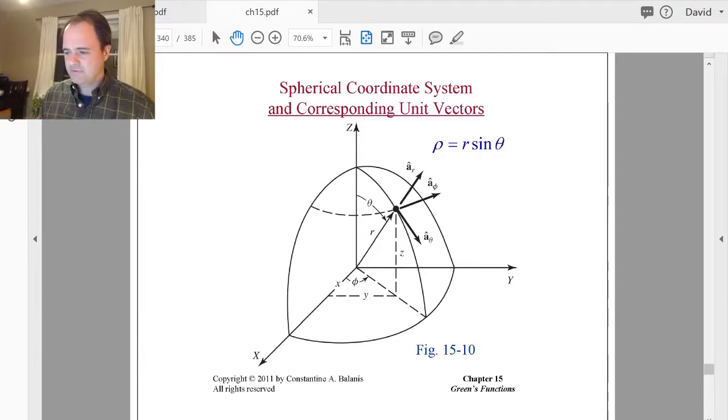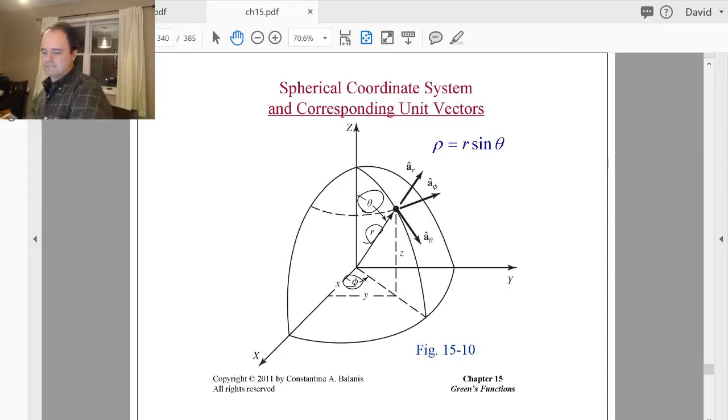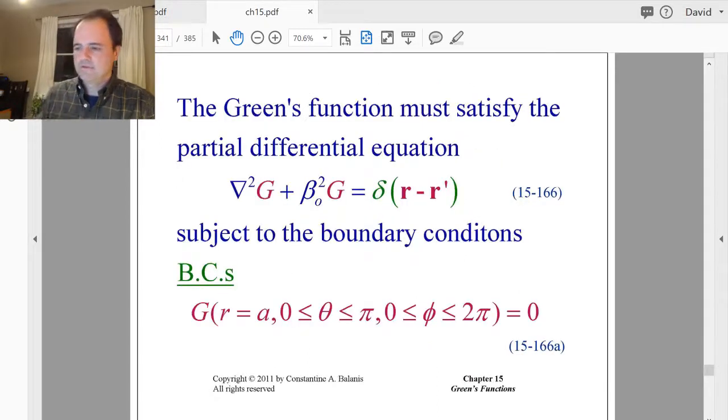Okay, so this is our spherical coordinate system, as you know, with the polar and azimuthal angles, and the r. So the Green's function must satisfy the partial differential equation of this, subject to the boundary condition at r equal to a, that the Green's function must be 0.